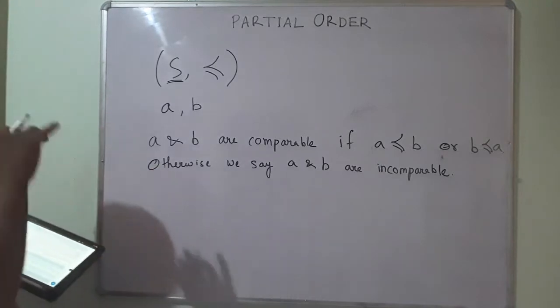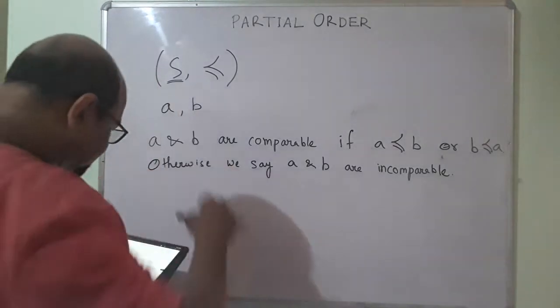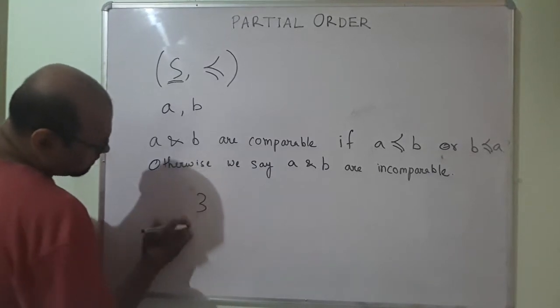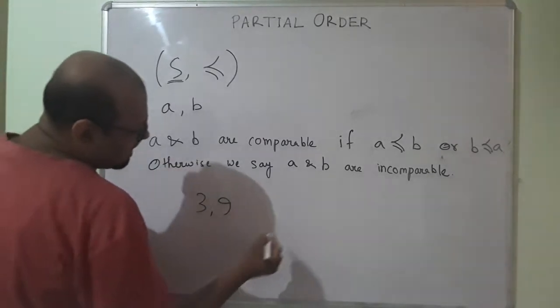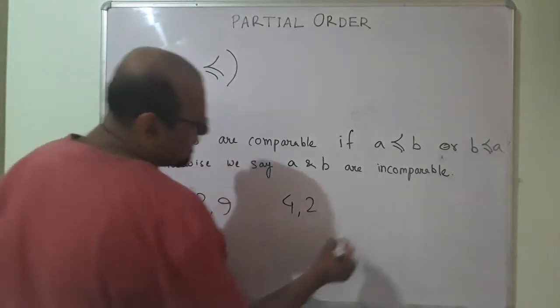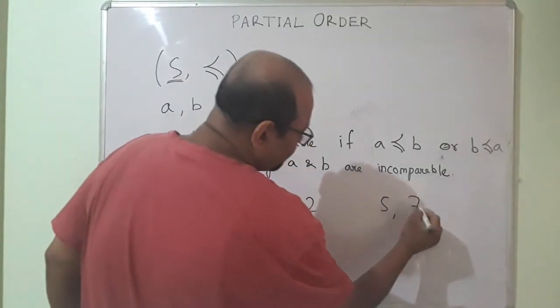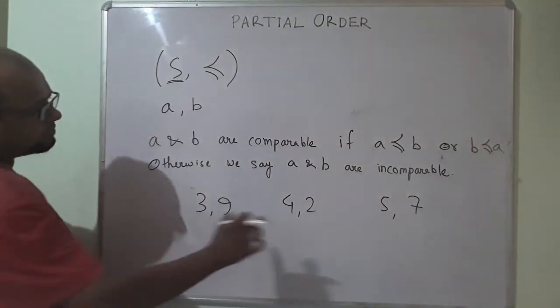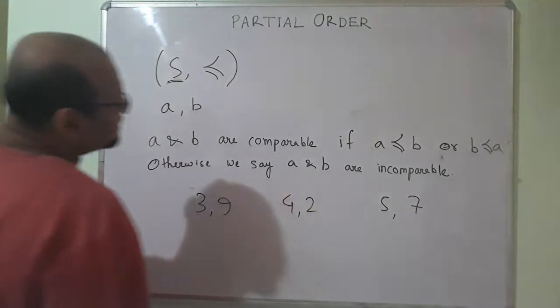Now, what does this mean? Let us say I have these numbers: 3, 9, and 4, 2, and I have 5, 7. I want to find out if 3 and 9 are comparable, 4 and 2 are comparable, 5 and 7 are comparable.